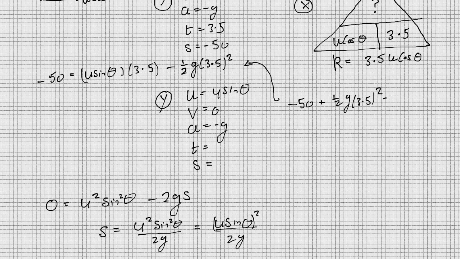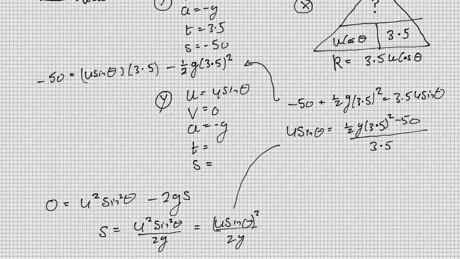That's equal to 3.5 u sine theta by just taking this piece from the right to the left. So if I divide by 3.5, I get u sine theta equals a half g 3.5 squared minus 50 all over 3.5, and I can put that in here for u sine theta.